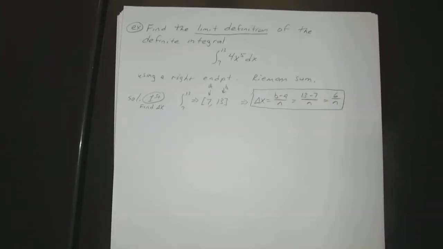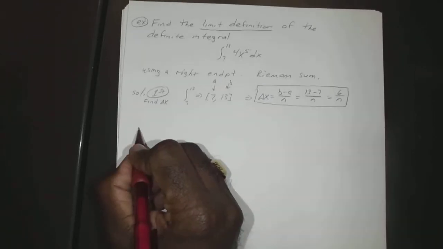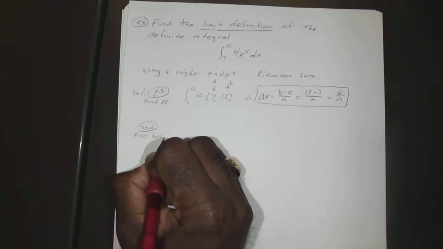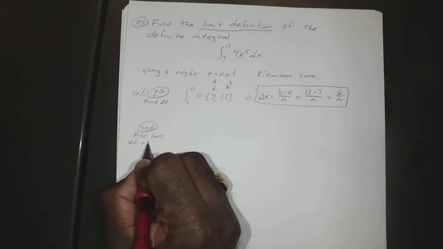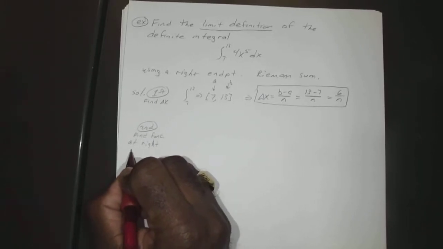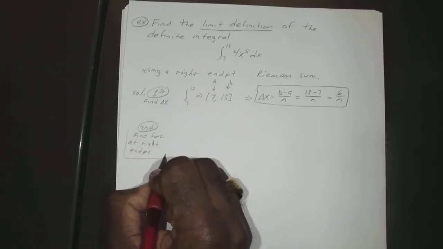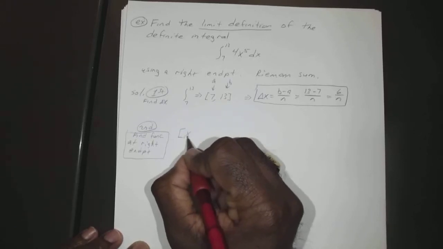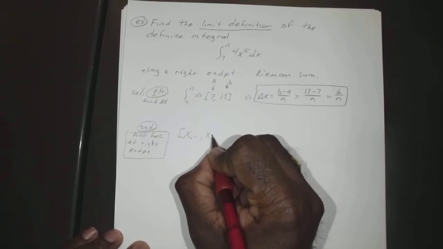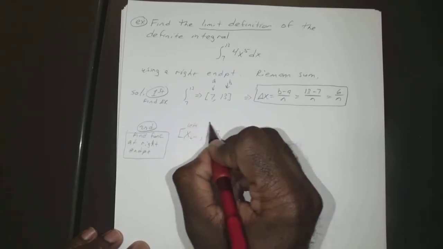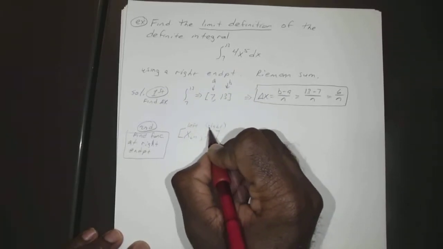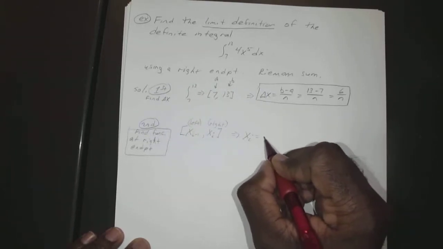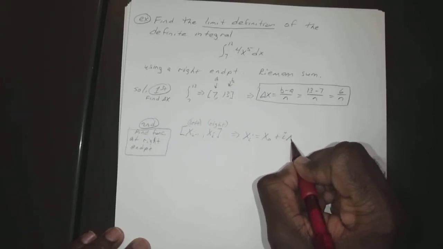The second step, we're going to find our function at the right endpoint. We have x sub i minus 1 on the left and x sub i on the right, so we use x sub i equals x sub 0 plus i delta x.